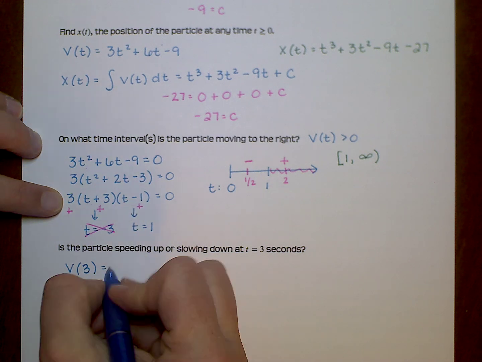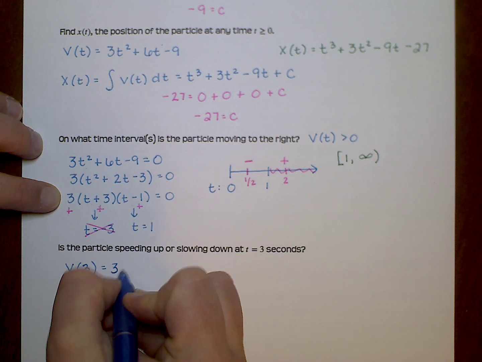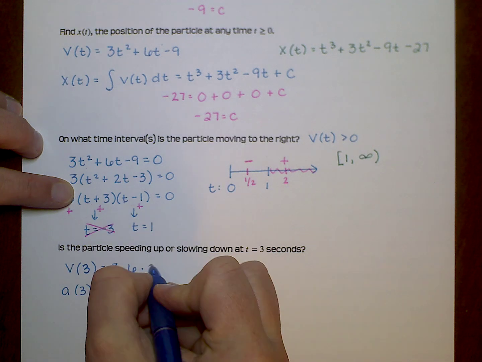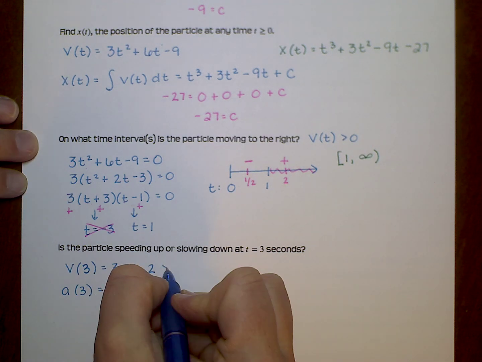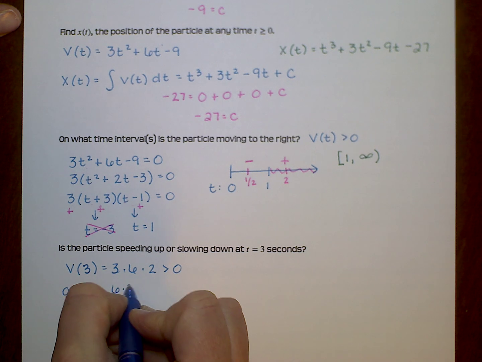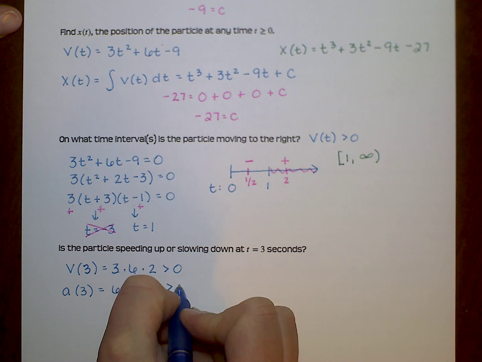So if I plug in a 3 for my t's, I'm going to have 3 times 3 plus 3 is 6 times 3 minus 1 is 2. And I'm not even going to bother multiplying that all out. I know that that's going to come out positive. My acceleration function is going to be 6 times 3 plus 6, also going to be positive.